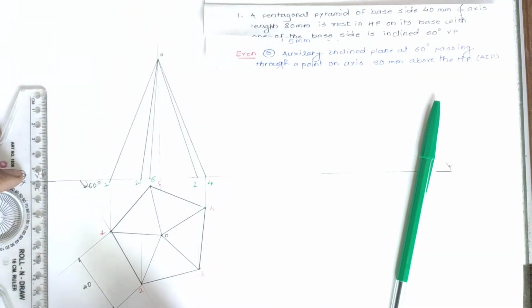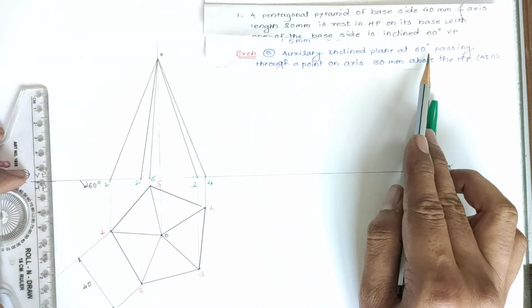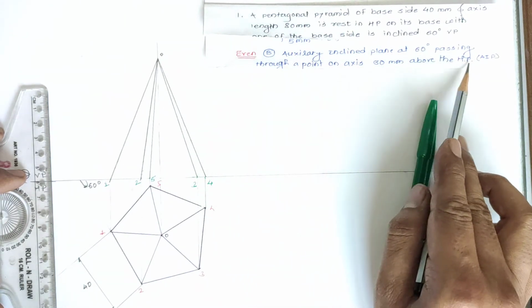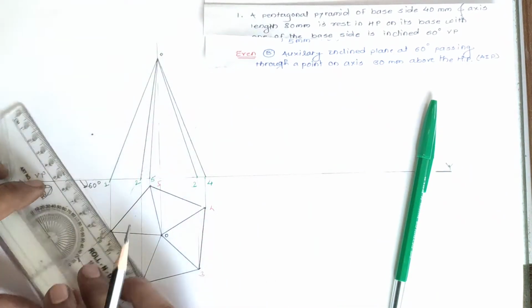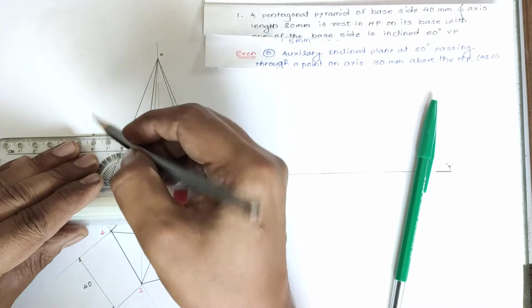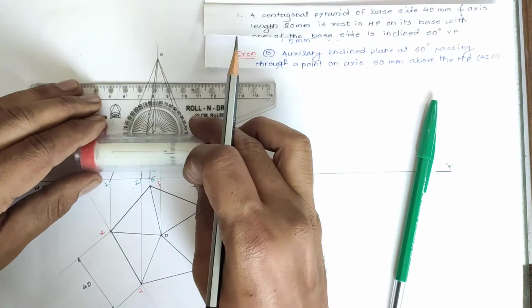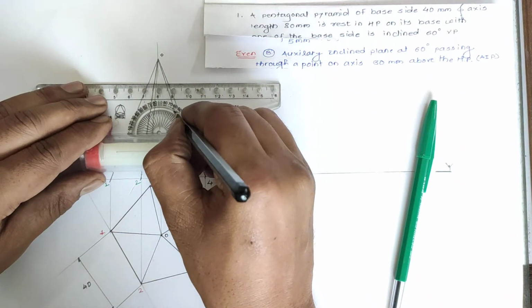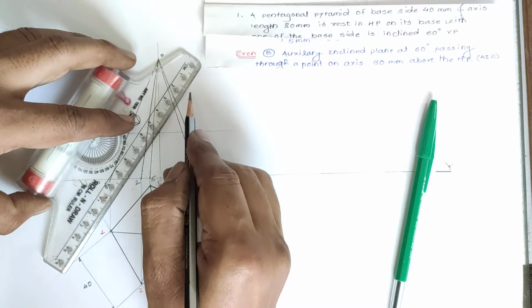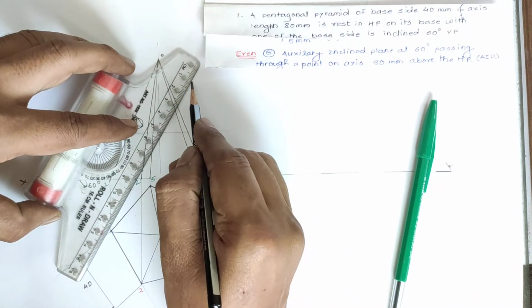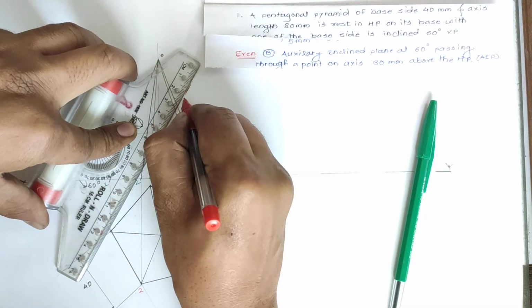Apex O is cut by the auxiliary inclined plane having 60 degrees, passing through the point 30 mm above the HP. Take the 30 mm above point, take the angle exactly 60 degrees, the cutting plane, thick at the end.